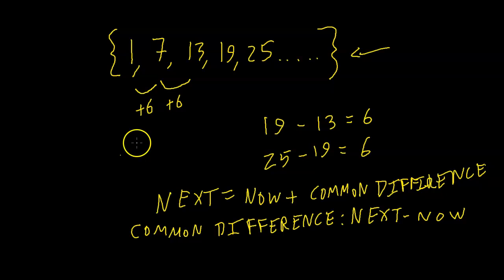In general, it just means you want to take any given value of the sequence and subtract the value immediately previous. That's how you get the common difference.